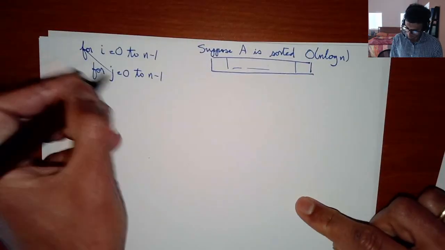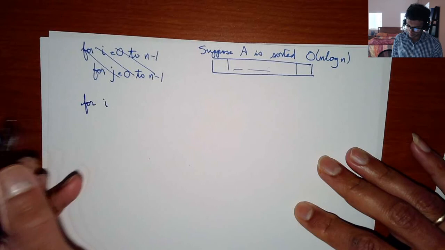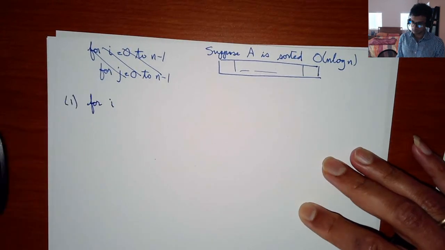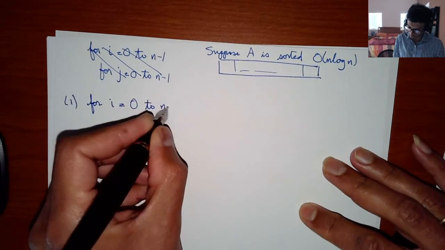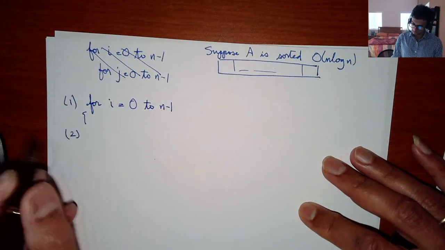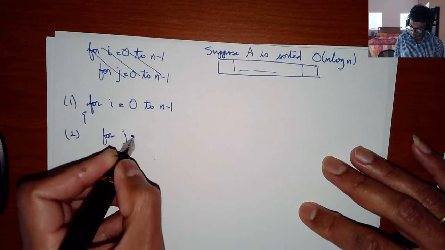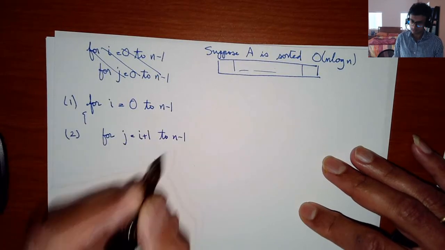So now I'll write this again. I'll say for I, so this is sort of step 1, going from 0 to n minus 1. Open that up, brace here. Step 2, say for j, going from I plus 1 to n minus 1.